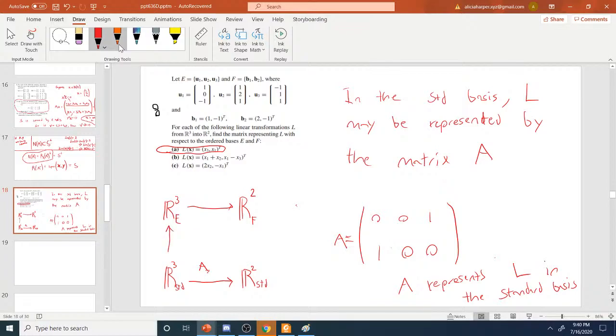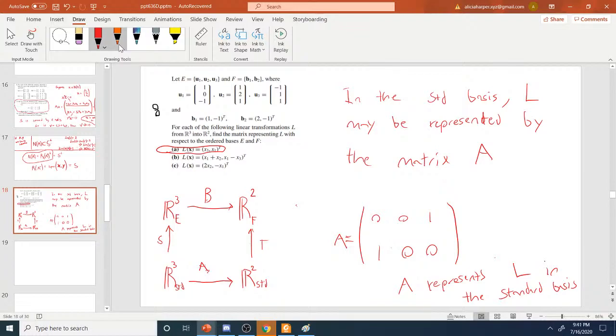You'd have to find a change of basis map S from the standard basis to the E basis. You'd have to find a change of basis map T from R2 with the standard basis to R2 with the basis F, call that T. And then you could go about relating A to B via S and T.